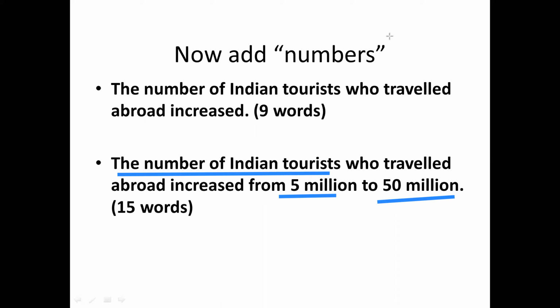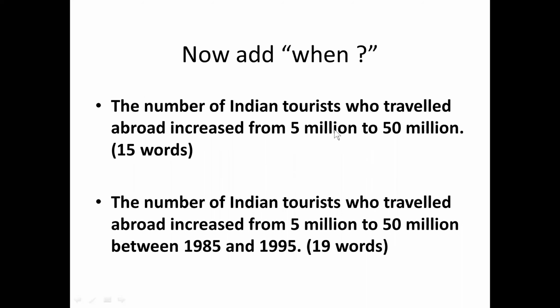Can we add more words to it? Let us see. Let us try to add when the number of Indian tourists who traveled increased, or what is the duration when this got increased. So what we have done here is: the number of Indian tourists who traveled abroad increased from 5 million to 50 million between 1985 and 1995.